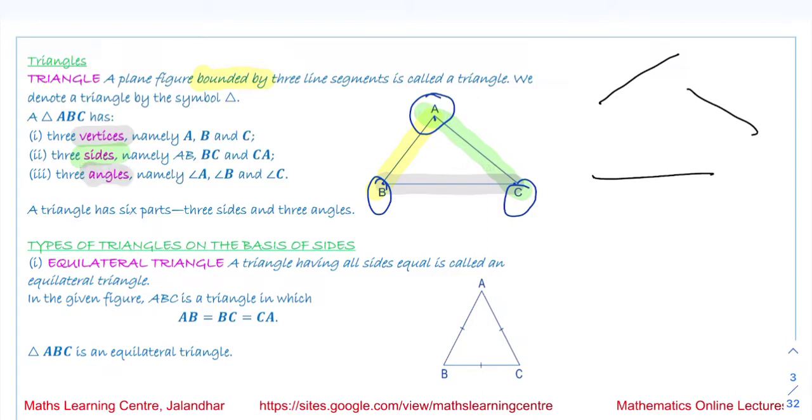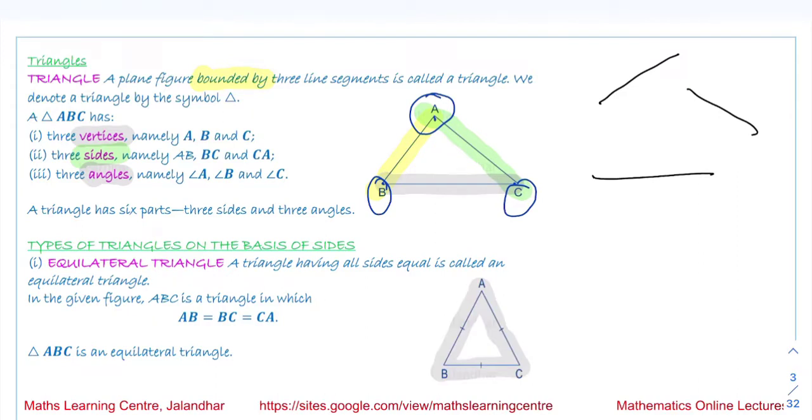Now next we have the types of triangle on the basis of the length of their sides. The first definition is the equilateral triangle. Equilateral triangles are those in which all the sides are equal. We have drawn a triangle ABC. How do we represent that the sides are equal?